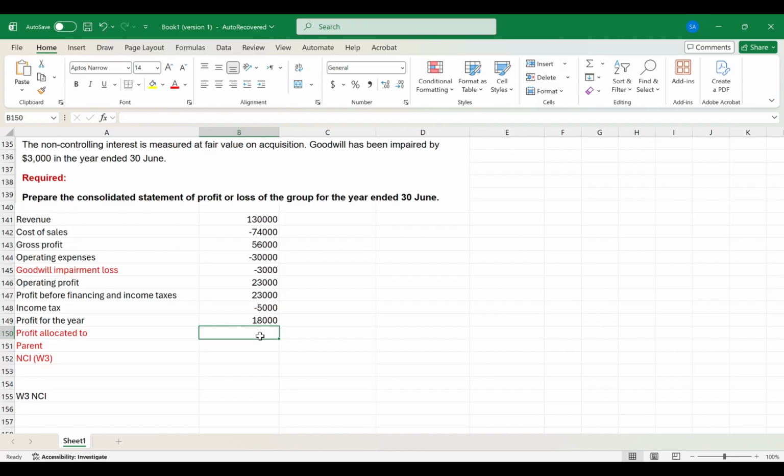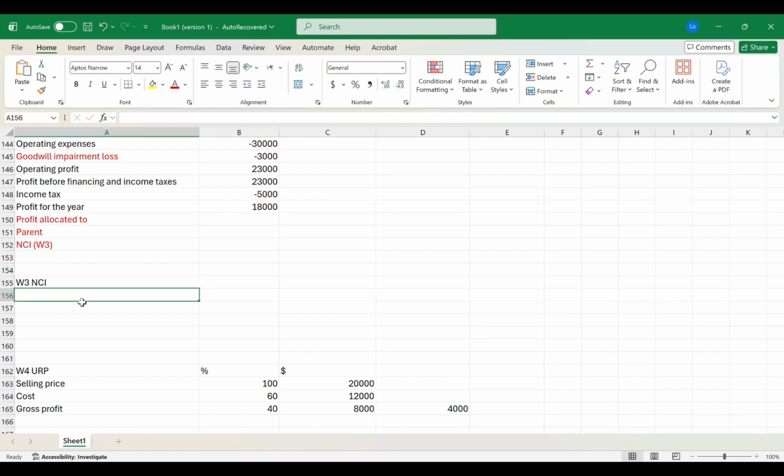Now when you allocate, first we'll go to NCI working number 3. Okay. So this is why you need the consolidation schedule to know the amount of profit for Sultan, for the subsidiary.